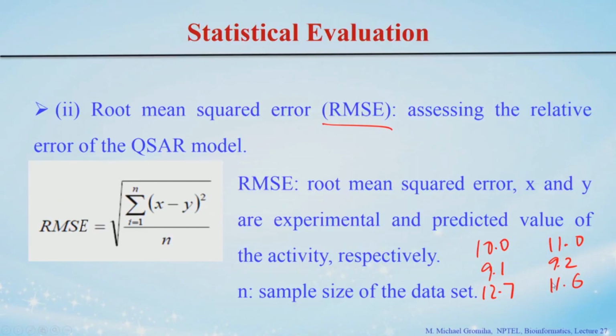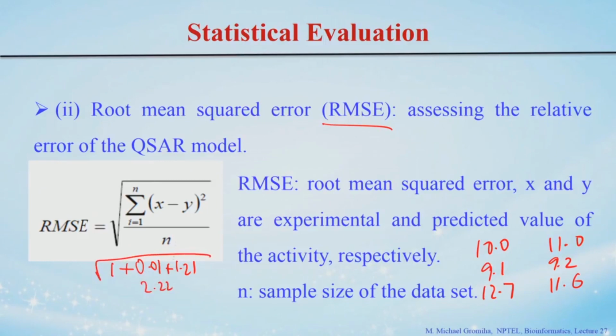So, how to get this root mean square deviation? Calculate the error for the first one. This is 10 minus 9, that is 1, squared is 1, plus the second one is 0.1, so 0.01, the third one 1.1, so 1.21.